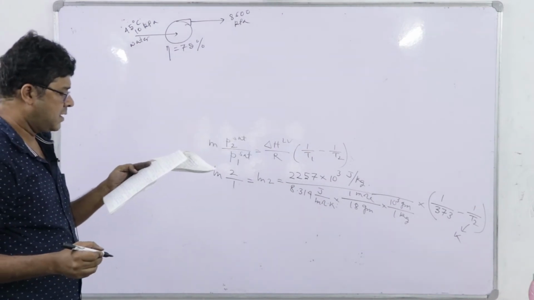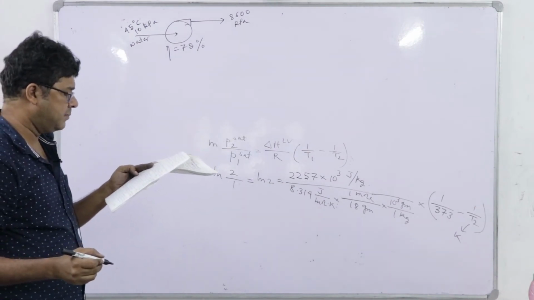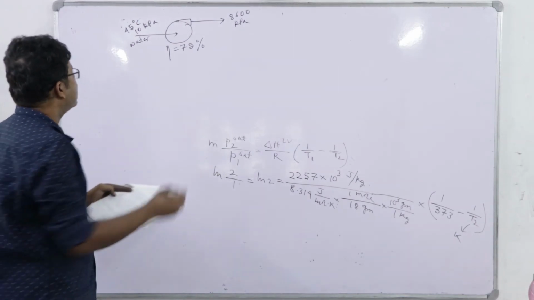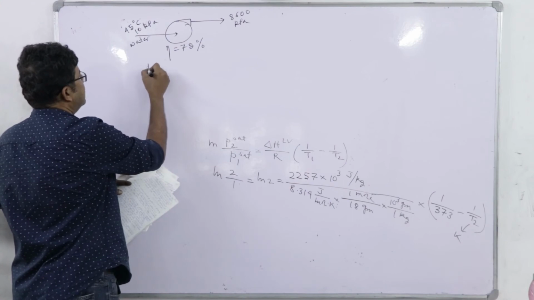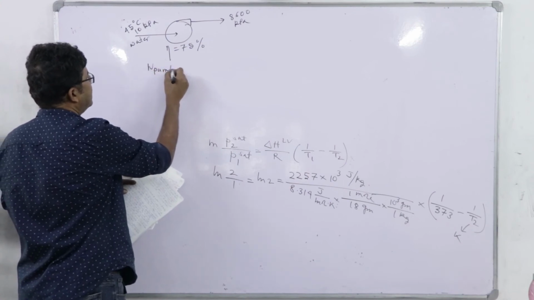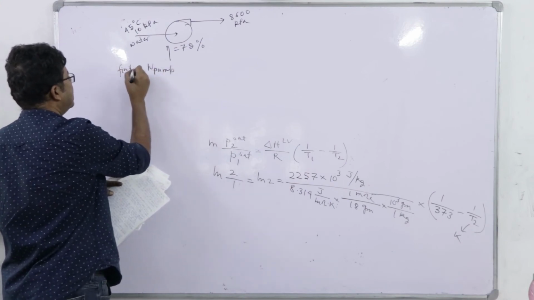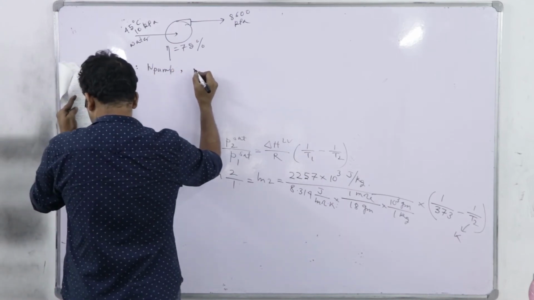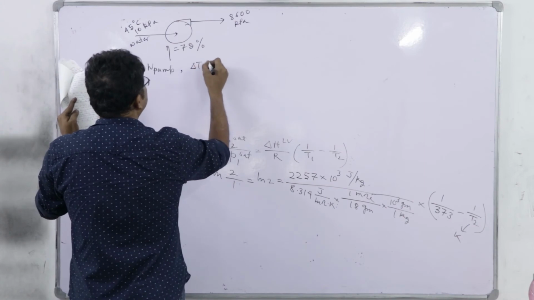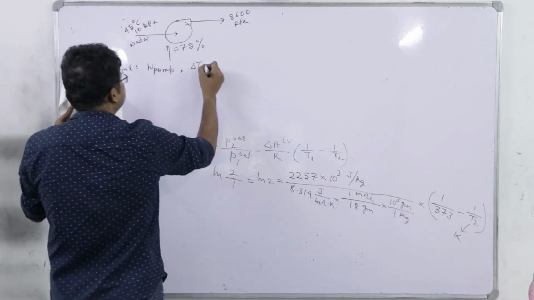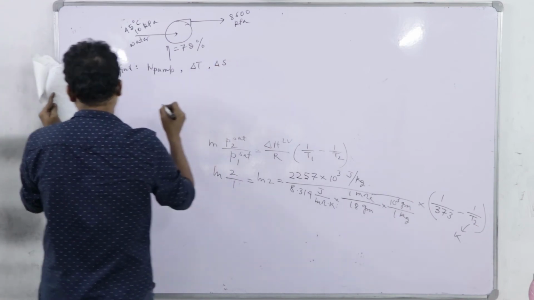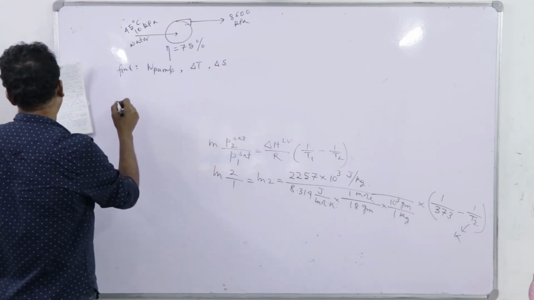Right. Calculate the work done by the pump, temperature change of water and entropy change of water. This is not a GATE problem. So, work done by the pump, temperature change and entropy change, this we have to calculate.